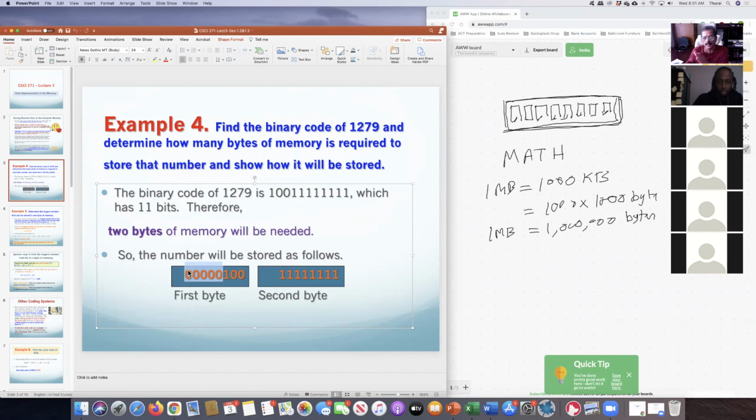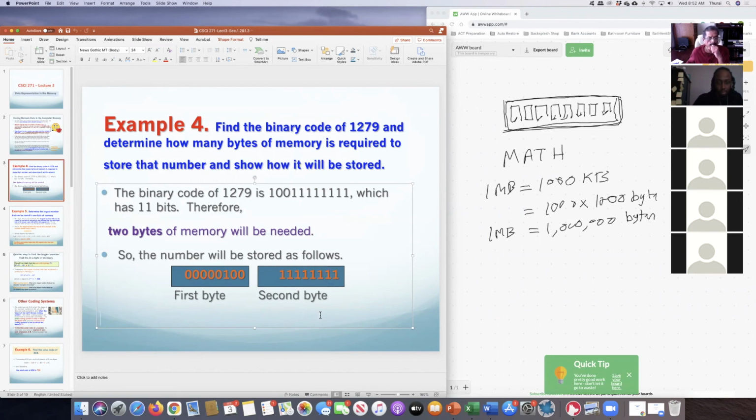But if you add zeros to the back, that will change the value of the number. So that's why zeros are added to the front to make it another 8 bits long. So the latter part will be stored in the latter byte, and the first part will be in the first byte.